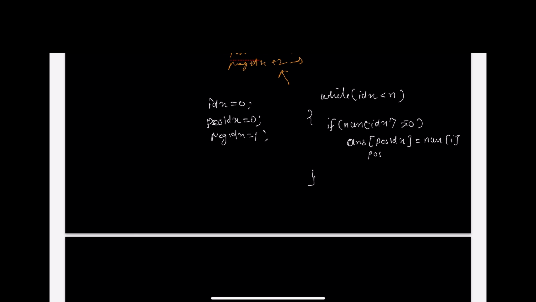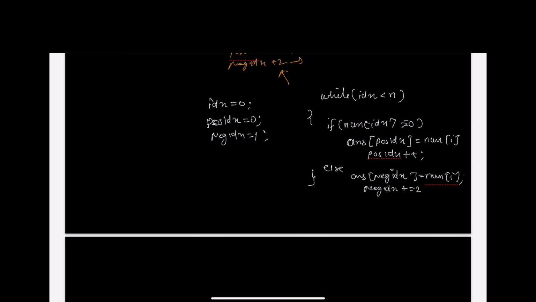Then we will increase the positive index by 2. Else, for a negative value, we insert at the negative index the value nums of i, and we will increase the negative index by 2, not 1. So we increase both indexes by 2, and at the end we will increase our index value.